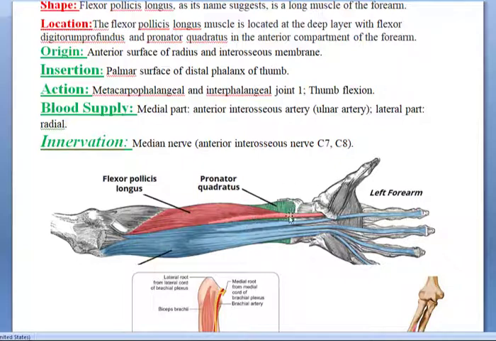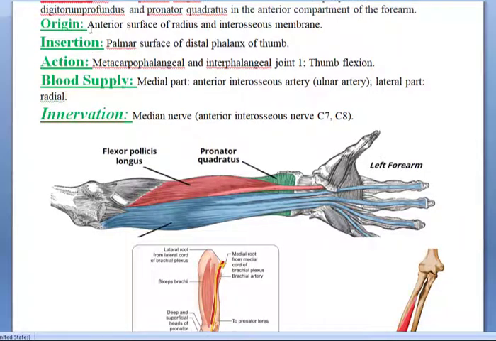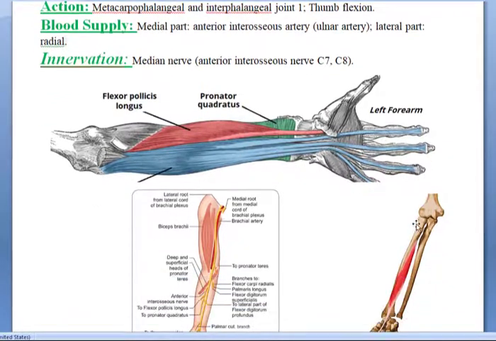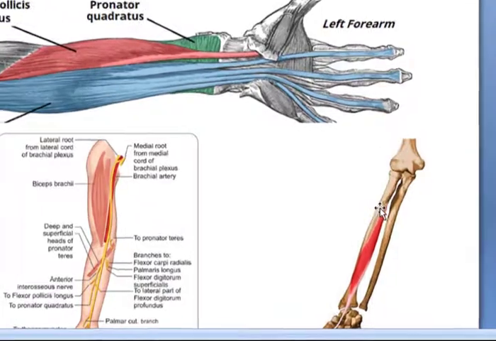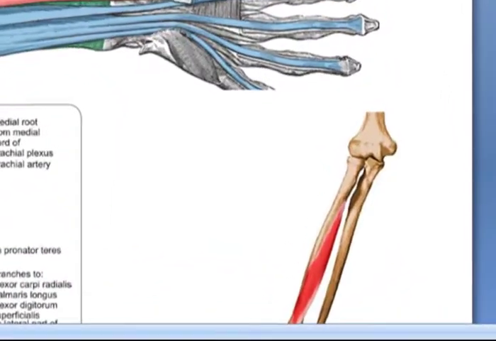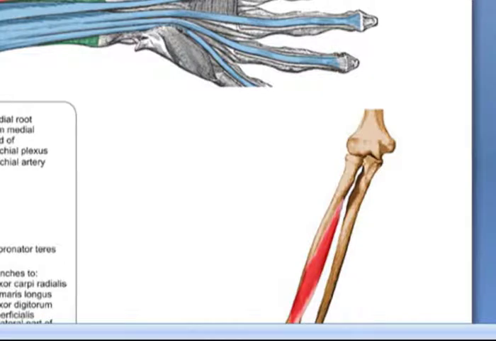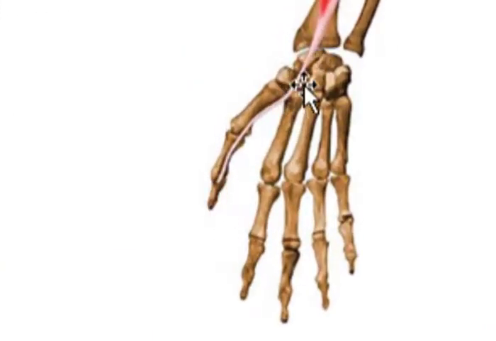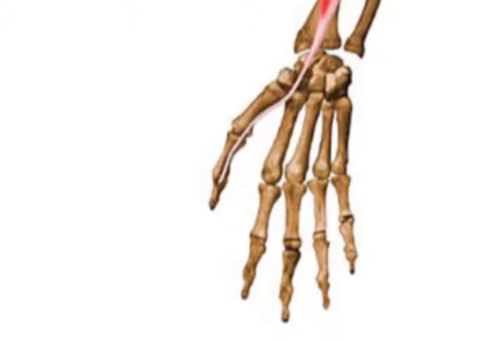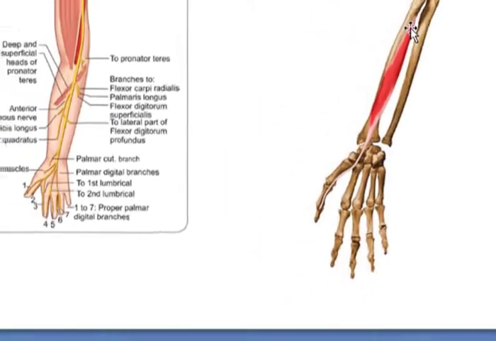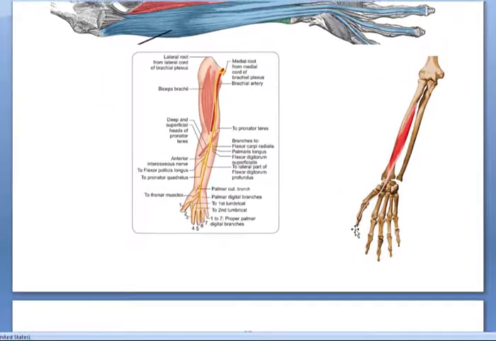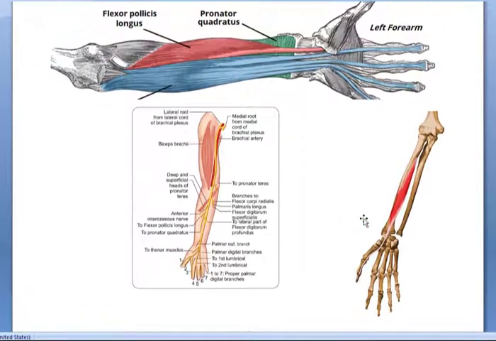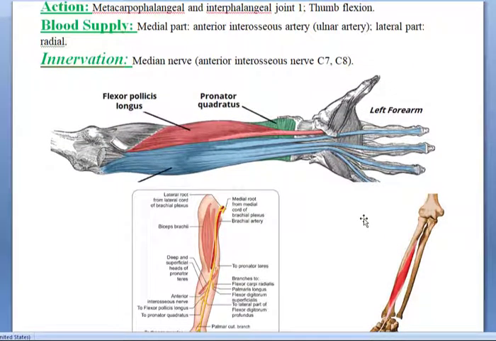Here is the pronator quadratus muscle, which we will discuss later. It arises from the anterior surface of the radius and interosseous membrane, and inserts into the palmar surface of the distal phalanx of the thumb. This is the distal phalanx of the thumb, so it inserts here.